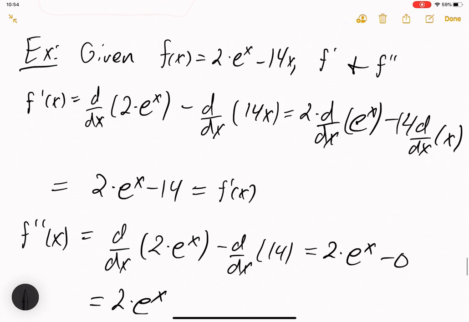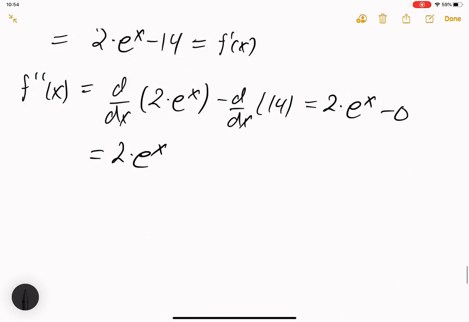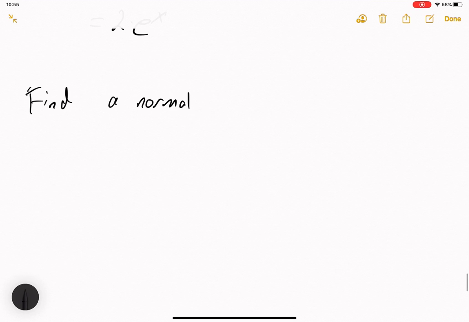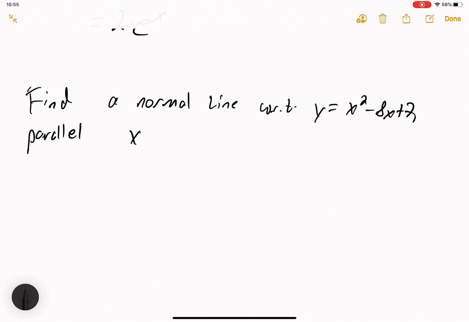All right, so that's pretty much it for this section. I was looking over the homework real quick, and one of the problems was to find the equation of a normal line, with respect to y is equal to, I want to say, x squared minus 8x plus 7, parallel to x minus 2y is equal to 7.